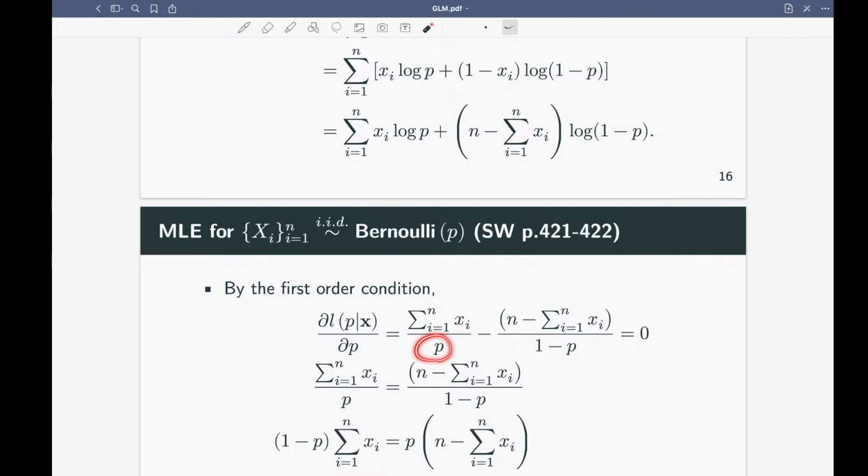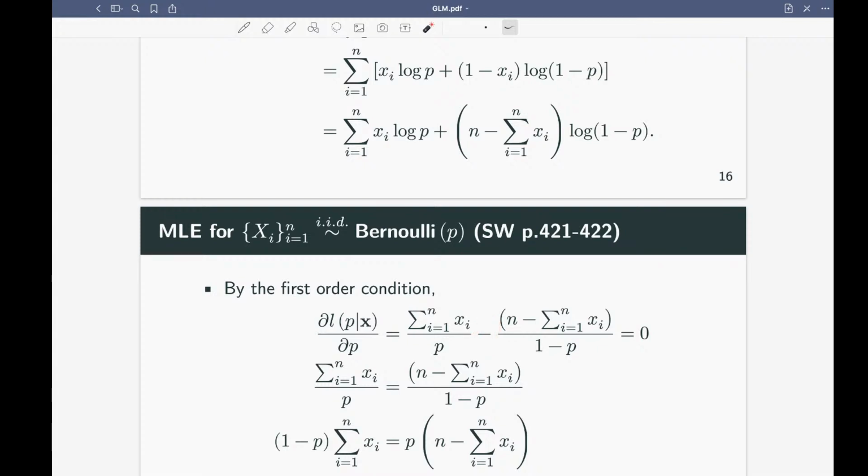Okay, so here, we can find summation xi over p, and here is n minus summation xi over 1 minus p. And we should have a transfer rule: 1 minus p with the derivative to p is negative 1, so we should have a negative sign.